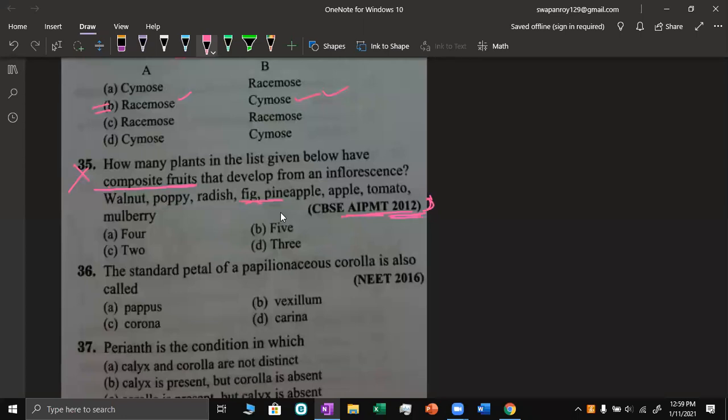That's why the whole inflorescence makes one fruit, and we call these composite fruits. In fig also, the entire inflorescence is treated as a fruit, and actually there are many flowers. So this question is out of your syllabus.